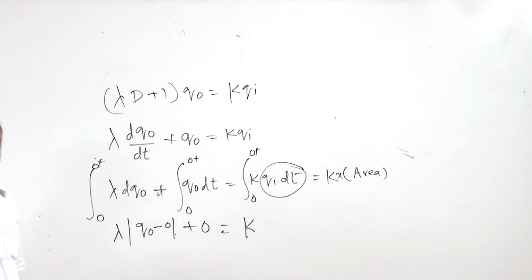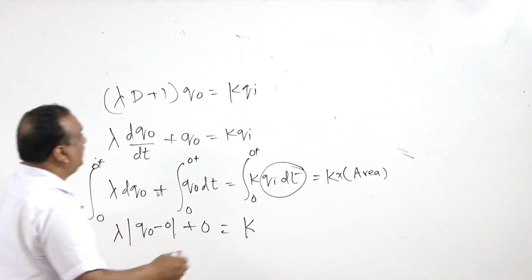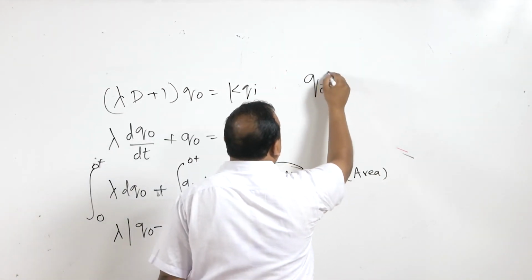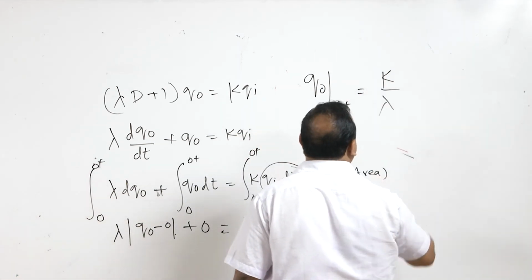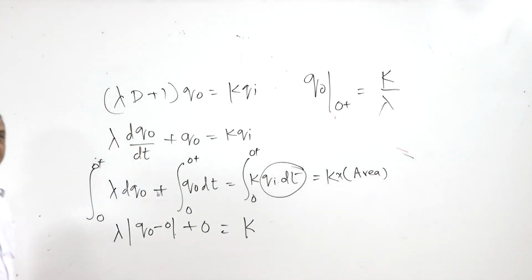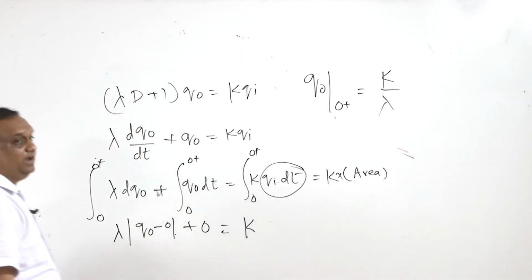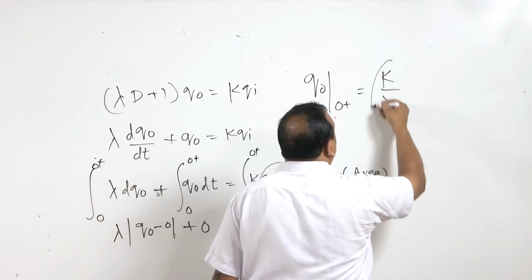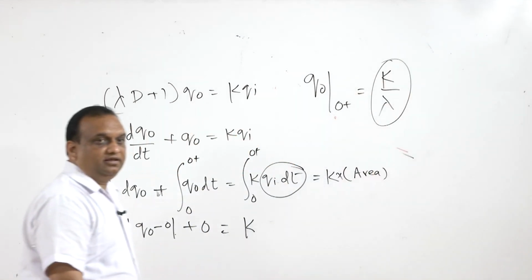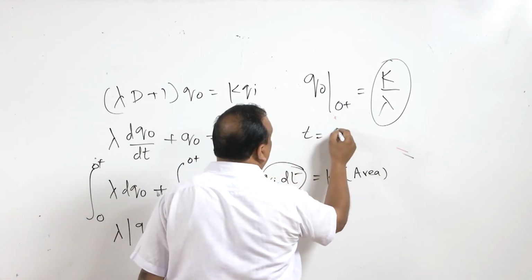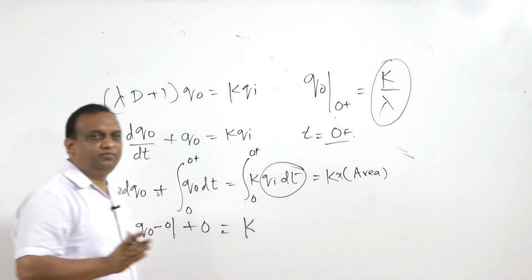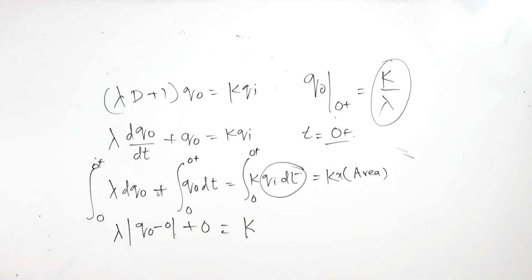Area we have taken as unit area for the sake of analysis, right? So we can say that QO at 0 plus is K by lambda, right? This is the value when the time is equal to 0 plus, just after the start.